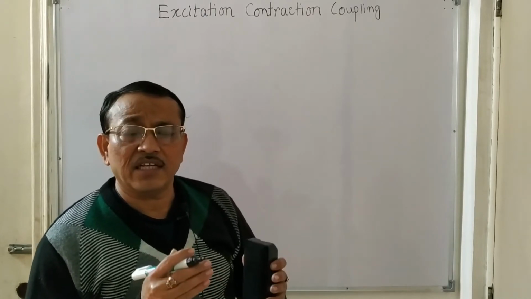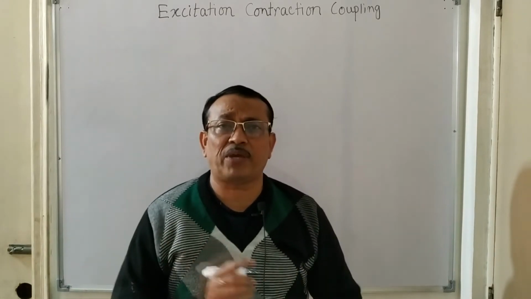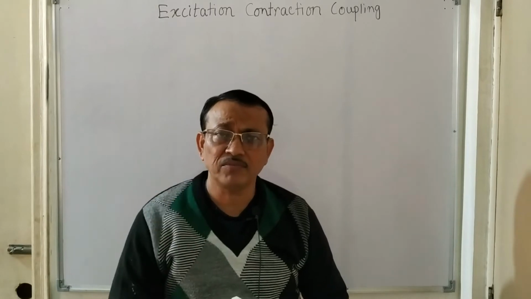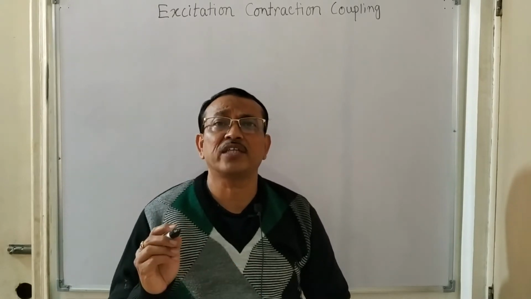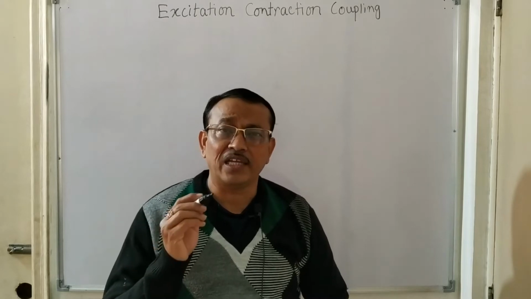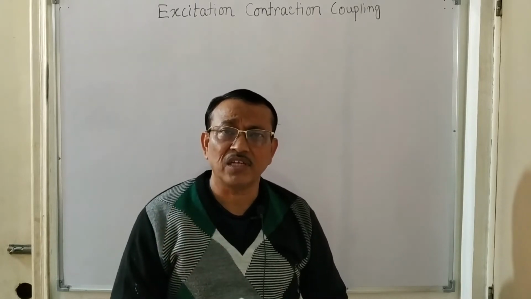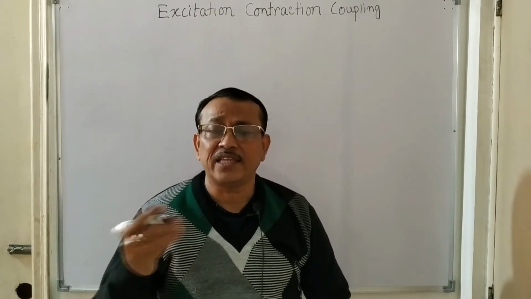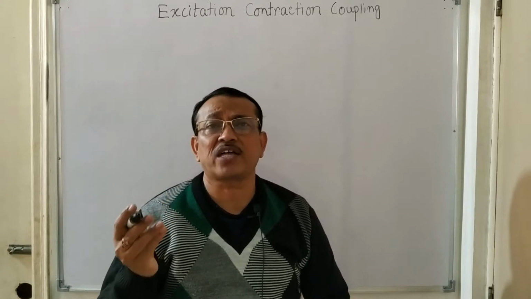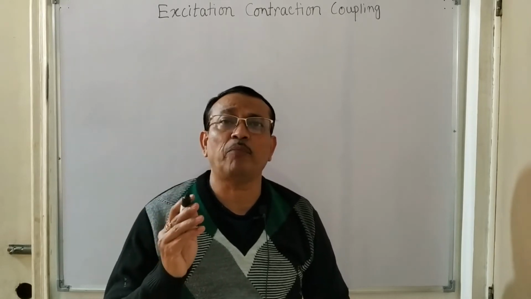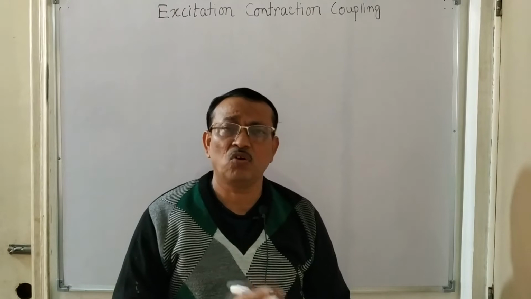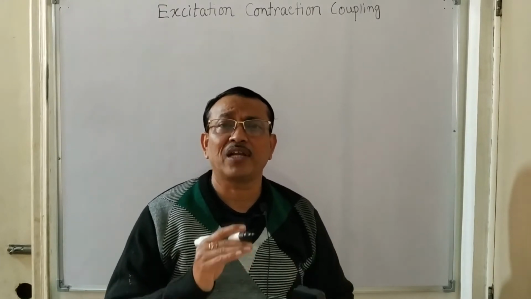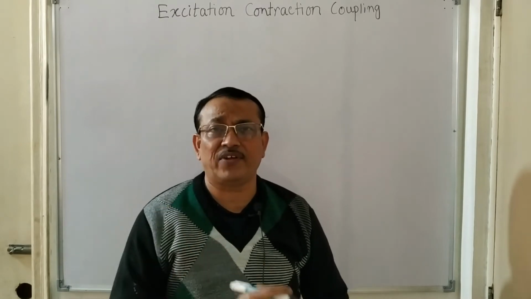And in this case, what happens? First, there is an excitation of the muscle membrane, which is known as the electrical event, the electrical phenomenon, and then the muscle contraction starts, that is the mechanical phenomenon. So the electrical phenomenon ultimately leads to the mechanical phenomenon.